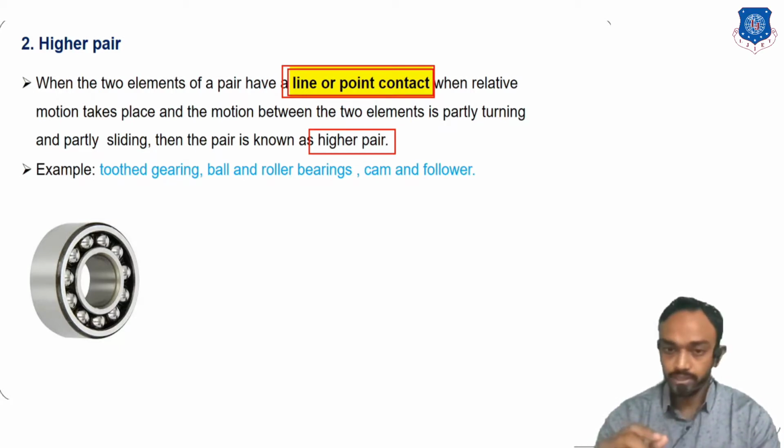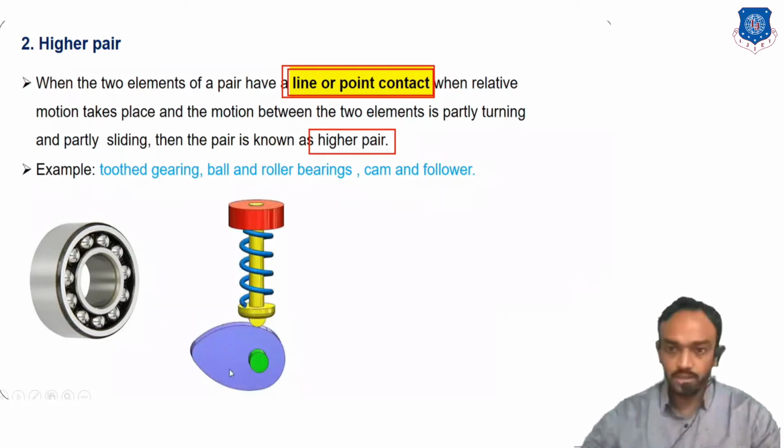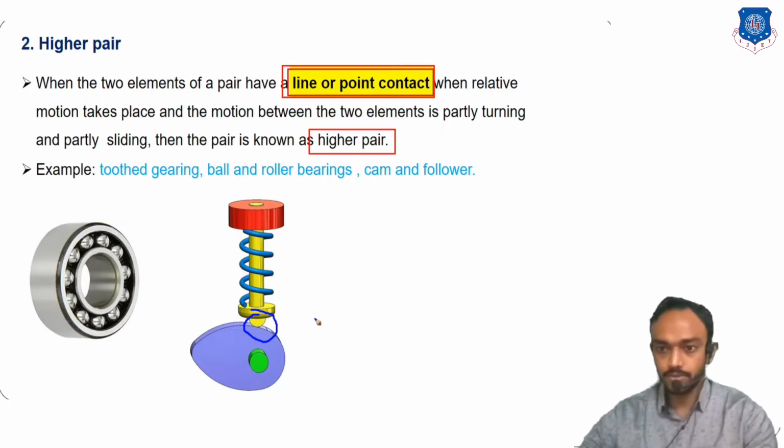Contact will be a point contact, but in a bearing, the ball is surrounded by these surfaces. That's why in a ball bearing there is a line contact. In a gear and also in a cam and follower there is only point or line contact, and that's why you can see here point or line contact is there. So it is known as a higher pair.